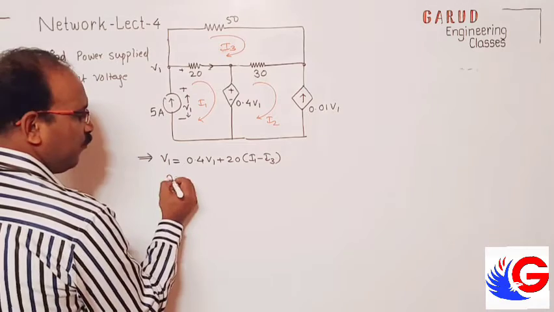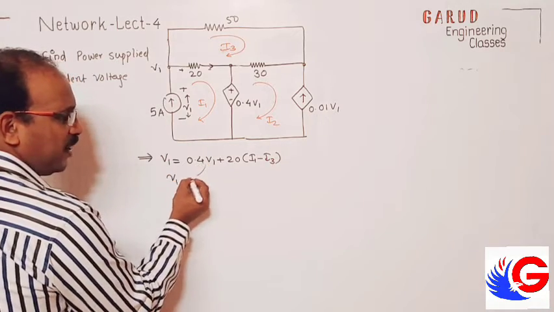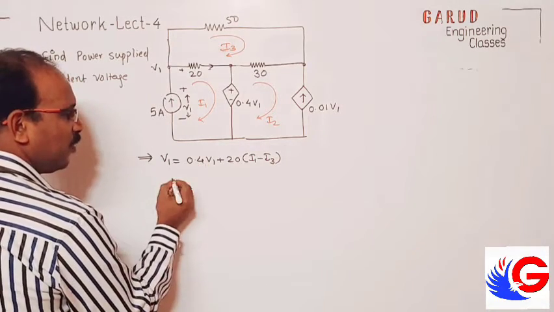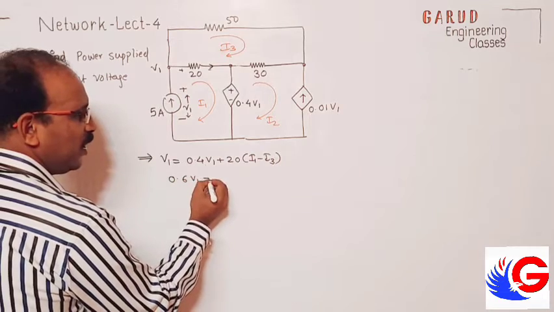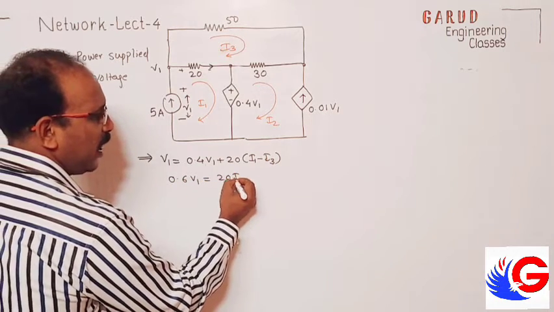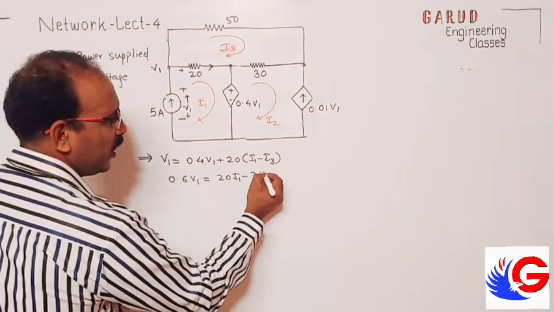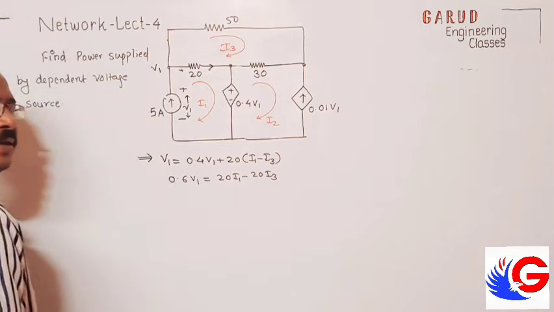Okay, so here if I take V1 to this side, that is 0.6 V1 equals 20 I1 minus 20 I3. Correct?